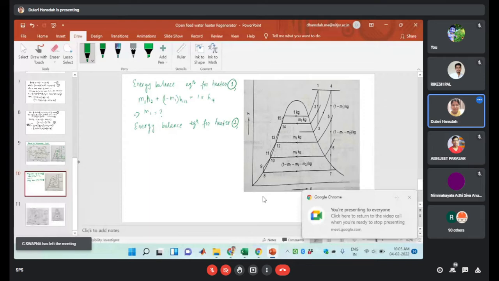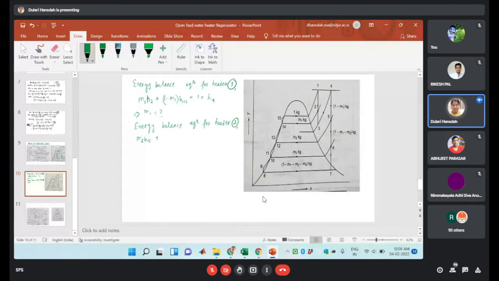So I can write M2 H5 plus, entry is H11 at this point and outlet is H12 at this point, since it is the heater.